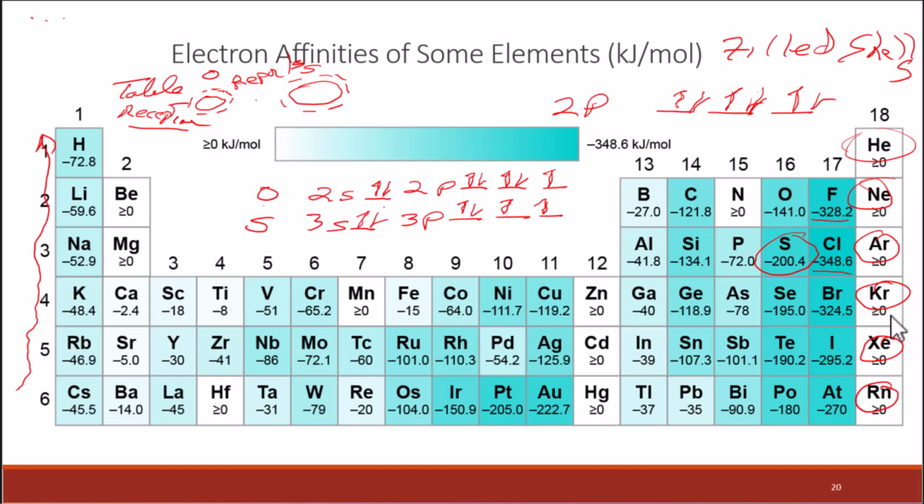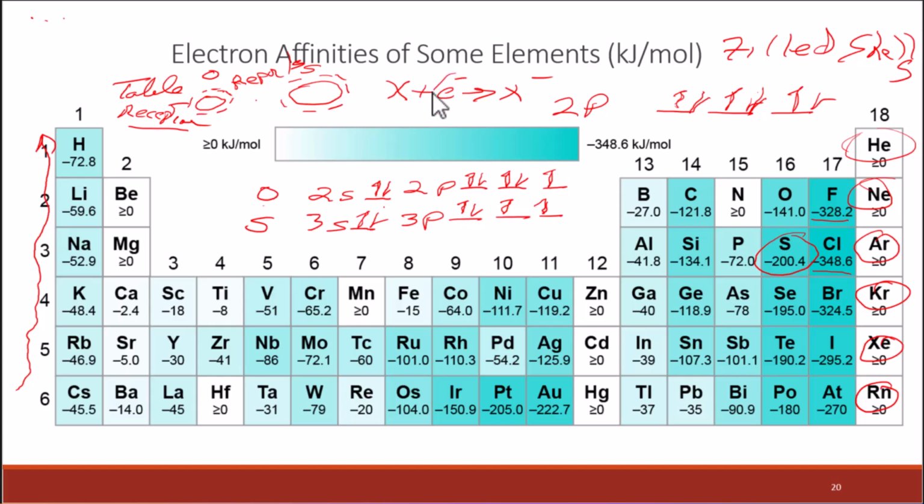All right, so I promise that I won't give you anything that's too challenging on electron affinity. I would definitely remember that the equation for electron affinity is like this.